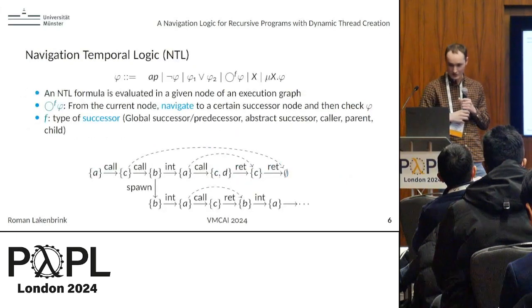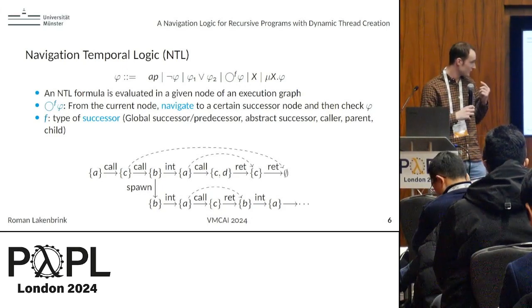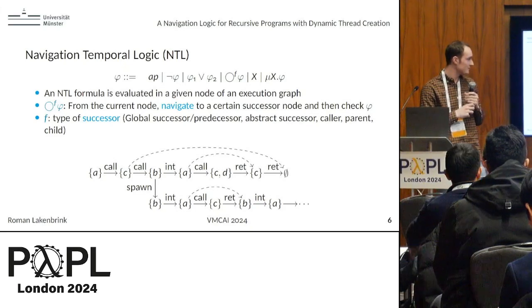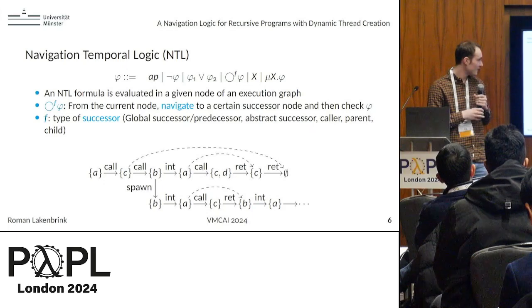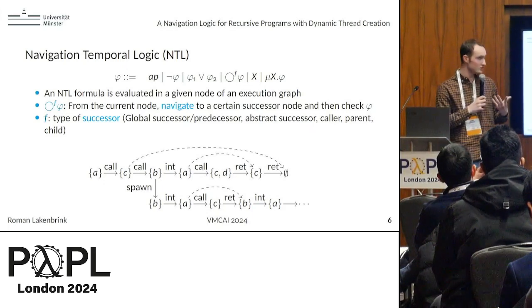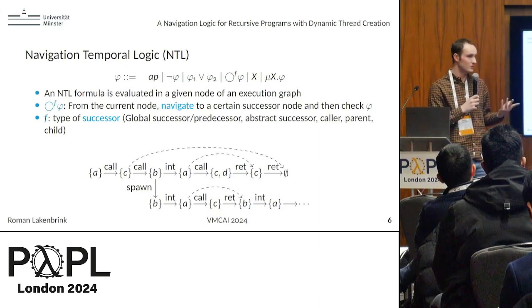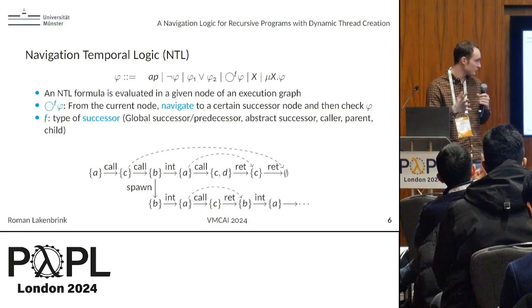So our novel logic is called navigation temporal logic, or NTL in short, and its syntax is defined here. So an NTL formula is always evaluated in a given node of an execution graph. And then first we have atomic propositions to state that some proposition holds in the given node of the graph. Then we have the standard Boolean operators just as usual.